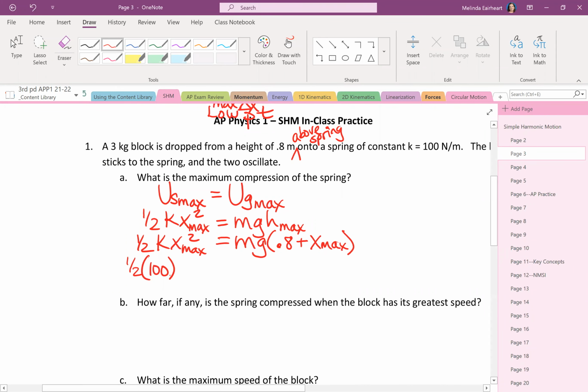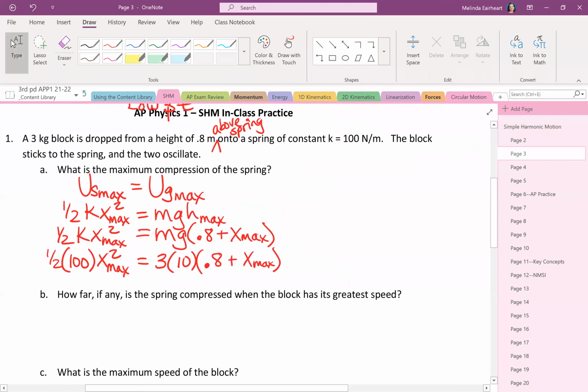The spring constant they gave us was 100. We're trying to find that x max squared on the left. Mass is 3. Gravity, I'll use 10. And we've got that 0.8 plus x max. So that 3 times 10, 30, we have to distribute to the 0.8 and x.